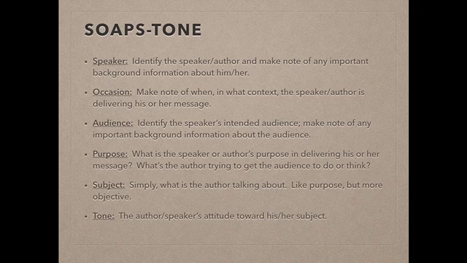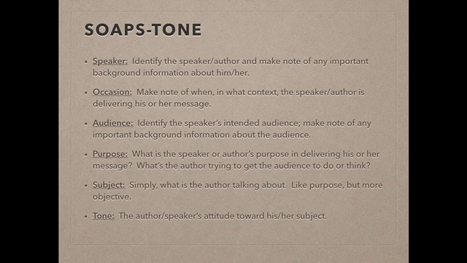For the occasion, you're talking about the context of when this is delivered. Whatever piece of writing you're talking about, the time, the context in which the author or speaker is delivering it. The audience is obvious, the person or persons to whom the speaker is speaking. For the purpose, you're thinking about what the author is trying to get the audience to do or think. The subject is sort of like purpose, but it's more objective.